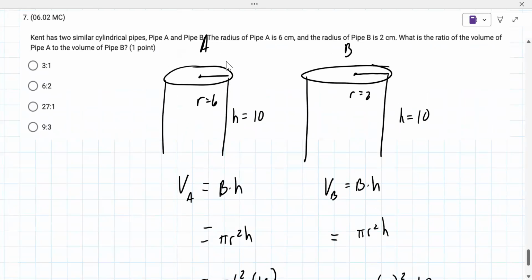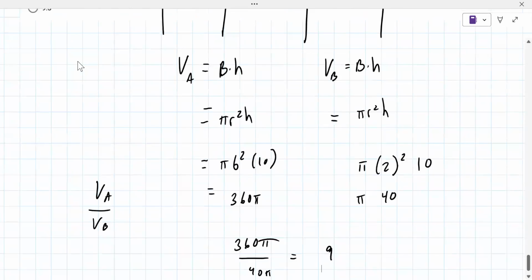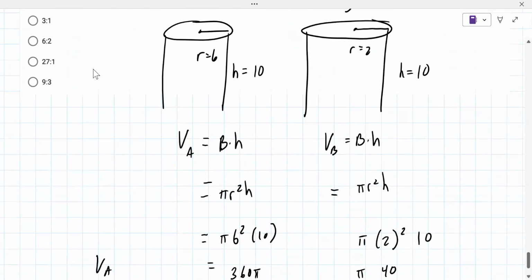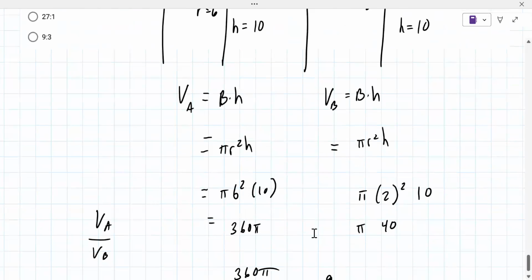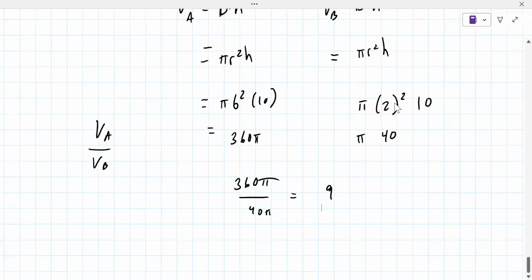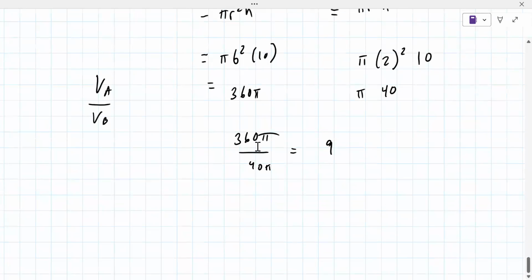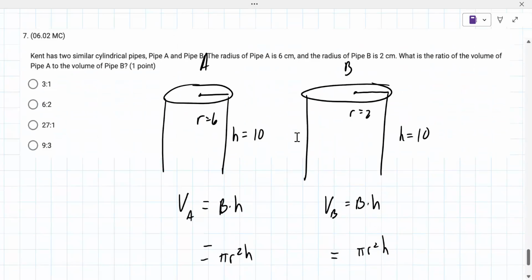None of these are working. Why is that? 6 squared is 36 times 10, 360. 2 squared is 4 times 10, 40 pi. 360 pi divided by 40 pi is 9. The pi's cancel, so it's just 9. It shouldn't be that though. Here's what it should be.